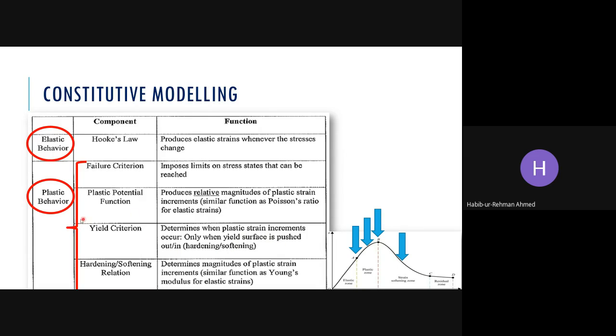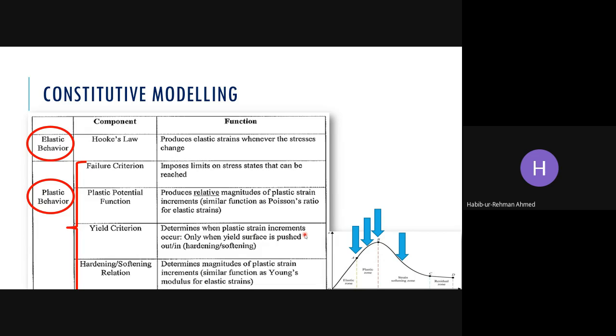So this is the first set of mathematical equations, in addition to Hooke's law, which is the elastic part: the yield criterion, which will define the yield point or the yield surface in 3 dimensions. The next is the failure criterion. This will define when this point in the soil fails.